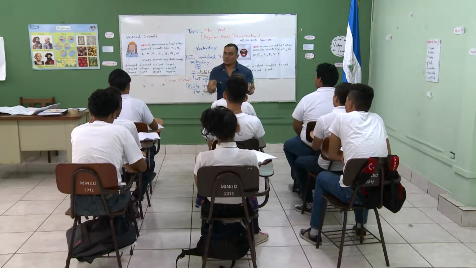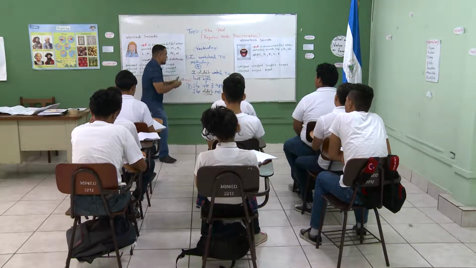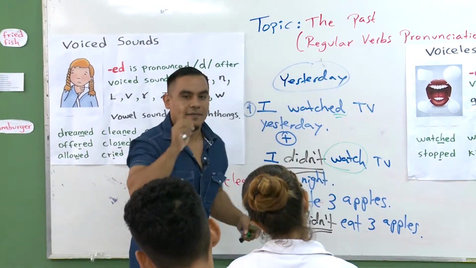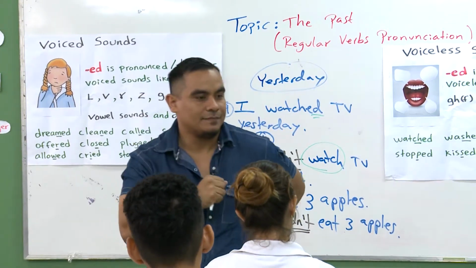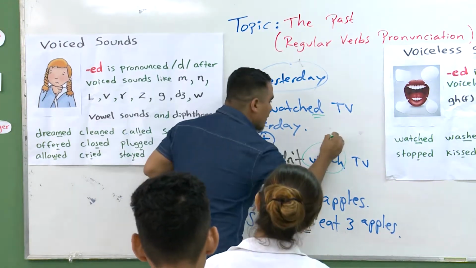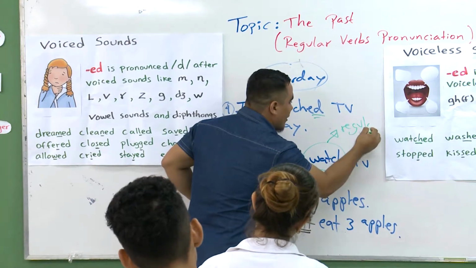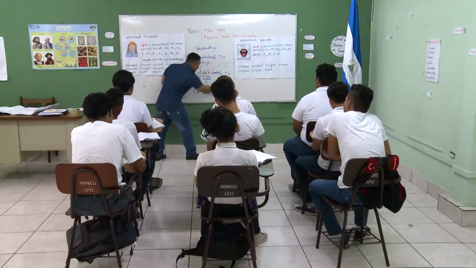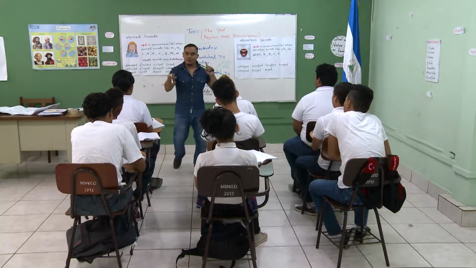Now, what I want to emphasize in this part, before we move to the pronunciation part, is that watch is regular or irregular? Regular. Okay, watch is a regular verb. But ate, regular or irregular?